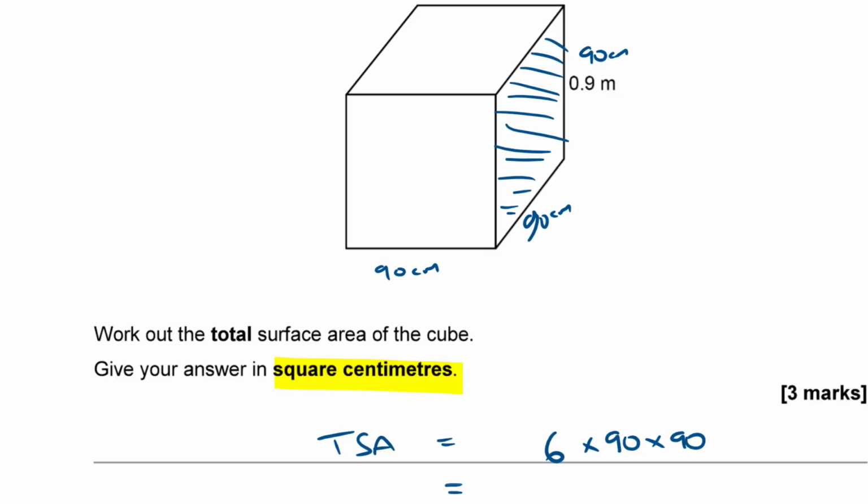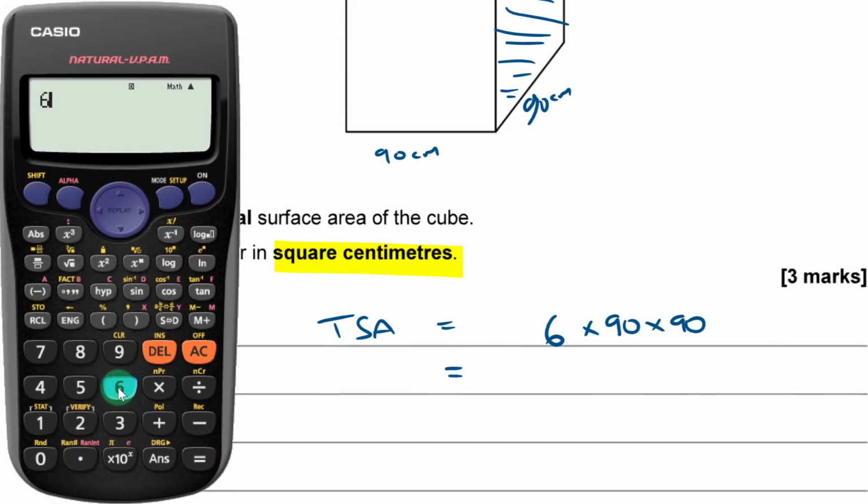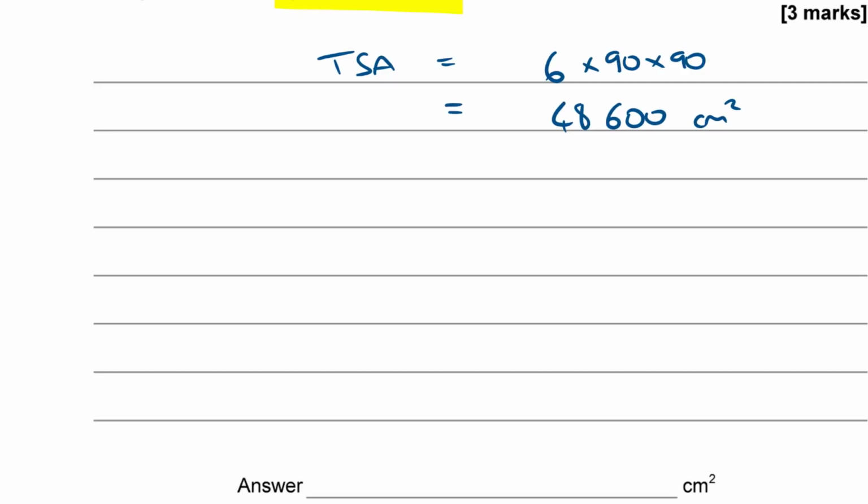So the total surface area is 6 times 90 times 90. Tapping that into the calculator gives me the answer of 48,600 centimeters squared. Okay, let's just write it down in the bottom.